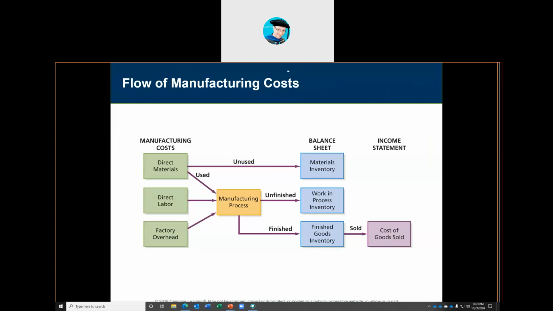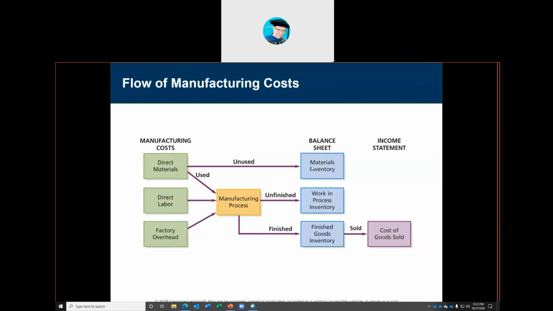Okay, here's a nice flow chart for those of you who like flow charts. Your manufacturing costs. Remember, anytime you hear manufacturing costs, think direct materials, direct labor, factory overhead. We use these three things in the manufacturing process. When we haven't finished it yet, we call it work in process inventory. When we finish the manufacturing process, we call it finished goods inventory.